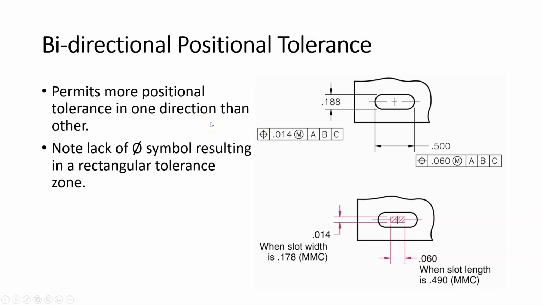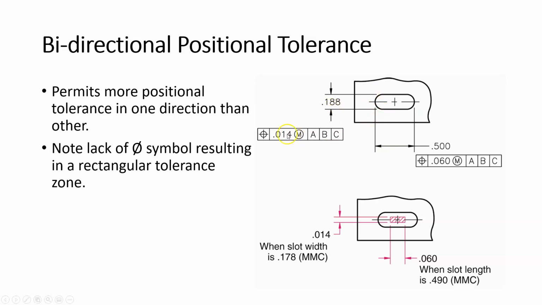Last couple of slides here on bidirectional tolerance, positional tolerance. So this is an interesting application. So we have a slot, right? And obviously for a slot, we don't want a cylindrical tolerance zone because the slot is not cylindrical. It has a rectangular element and it has a rounded element or features.